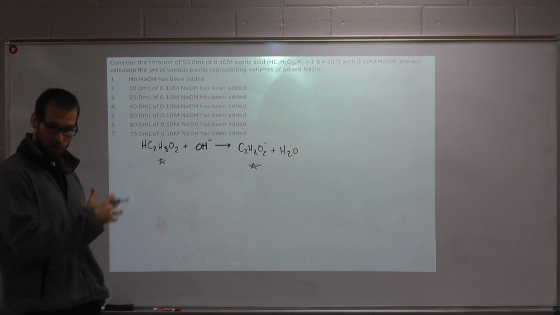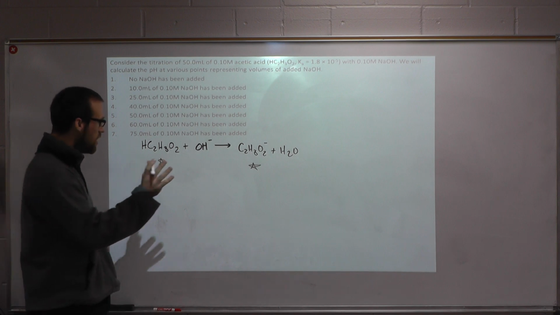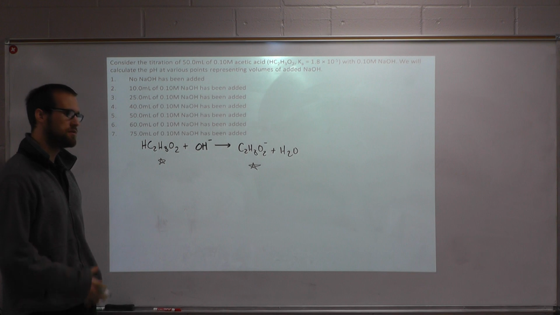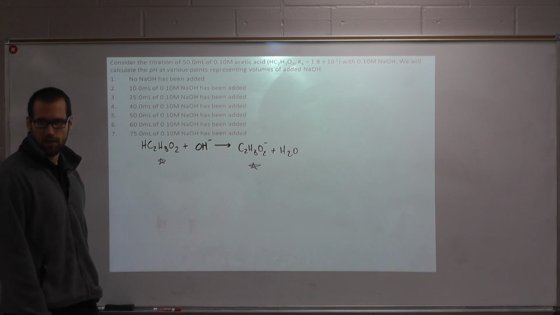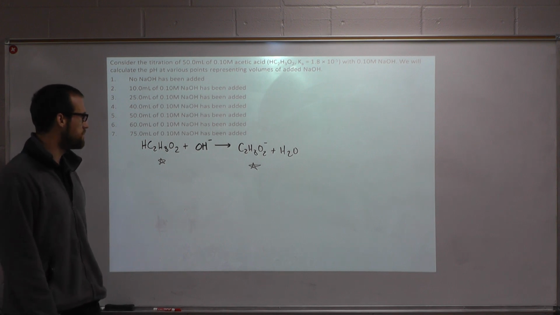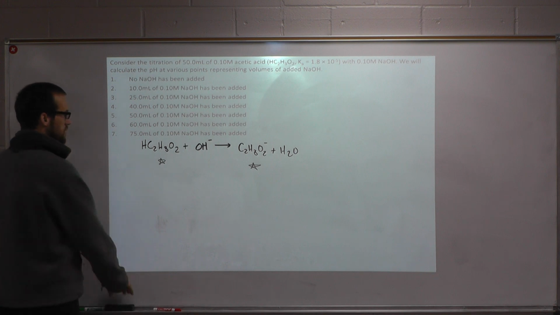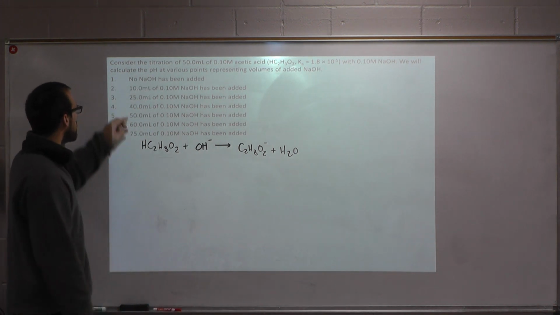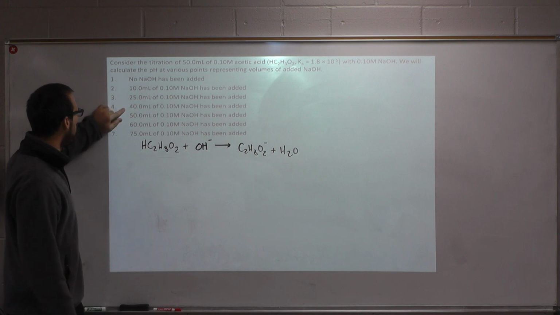Correct? We did stoichiometry first. We reacted all of our added base to completion. Then we used the Henderson-Hasselbalch equation. Okay? We did that for a couple situations. We did it for 2, 3, and 4.